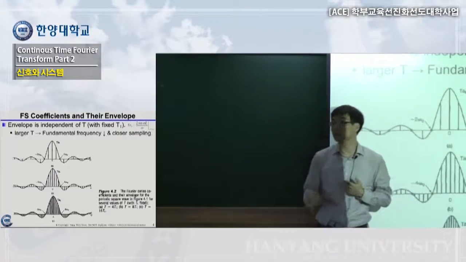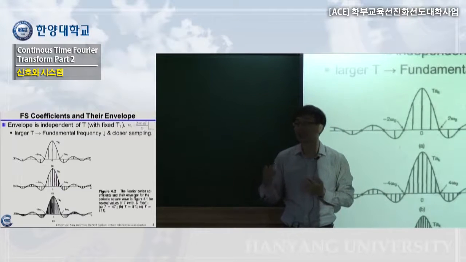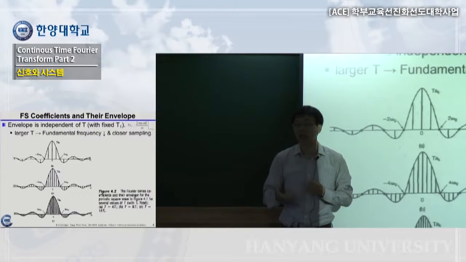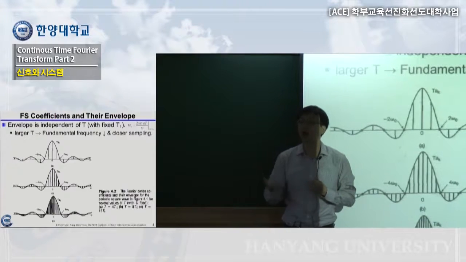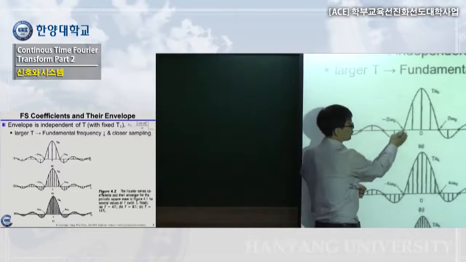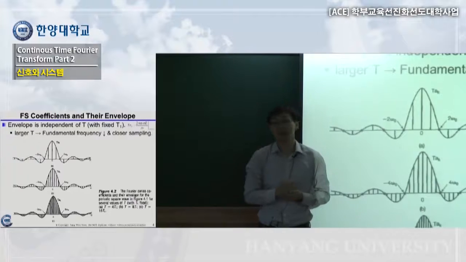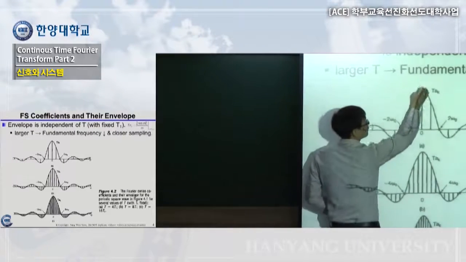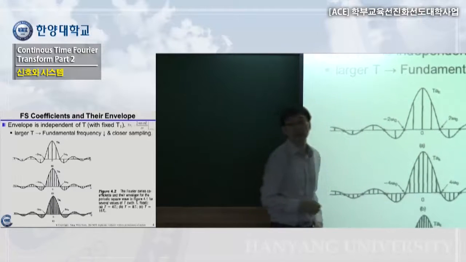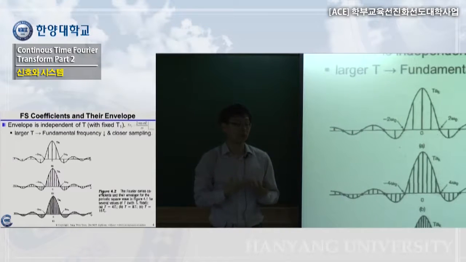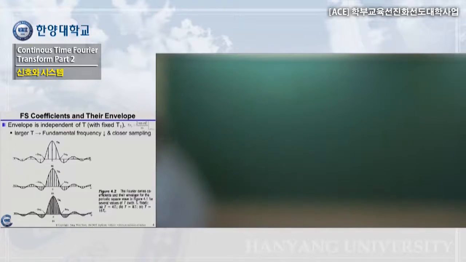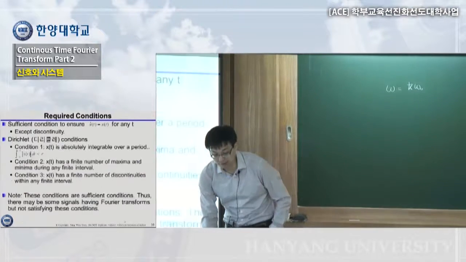How can we get the Fourier series coefficients from an already known Fourier transform? We just pick up values at some points, taking samples from the Fourier transform. That's how we get the Fourier series coefficients.